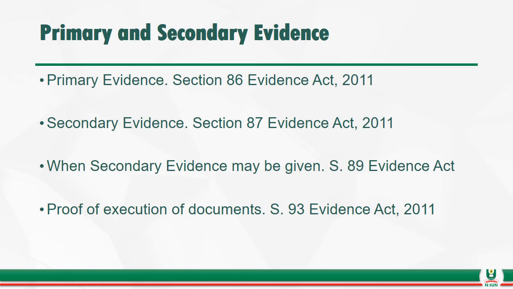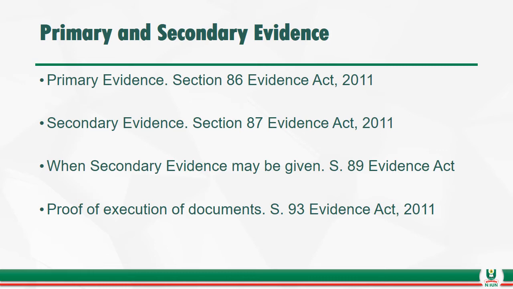Subsection 2 says where a document has been executed in several parts, each part shall be primary evidence of the document. 3. Where a document has been executed in counterpart, each counterpart being executed by one person, or by some of the parties only, each counterpart shall be primary evidence as against the parties executing it.